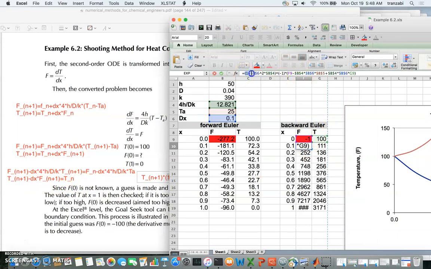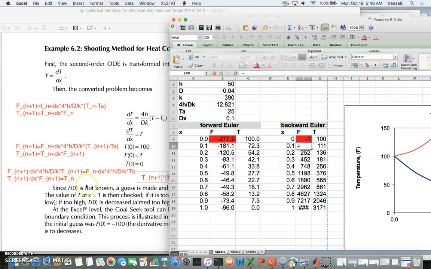So from here, let me double check again. This is Fn plus 1. We can do it this way. This is a bit longer than what I expected, so I'm going to rewrite it this way.